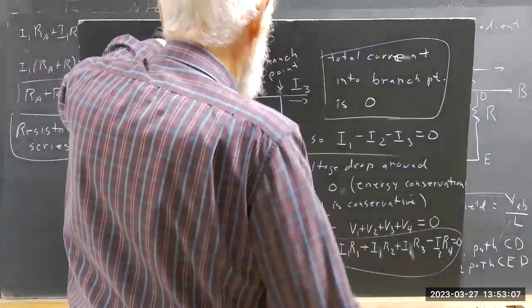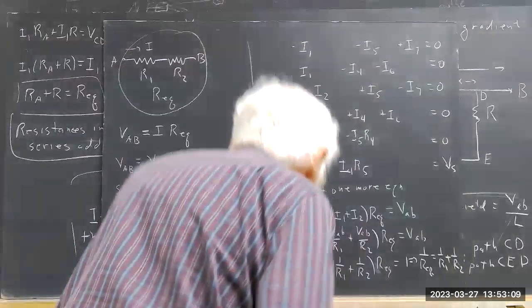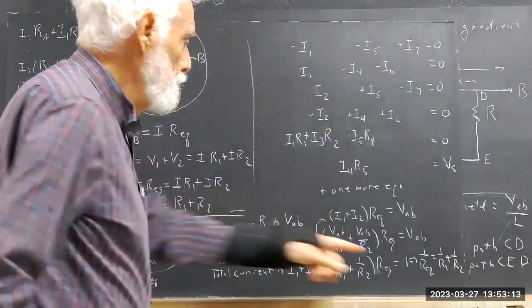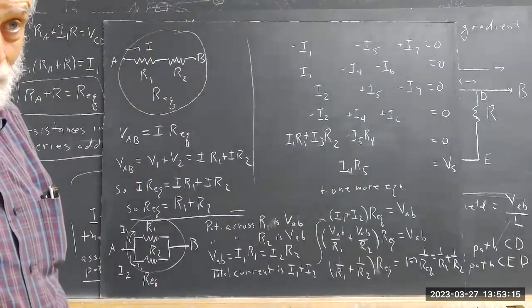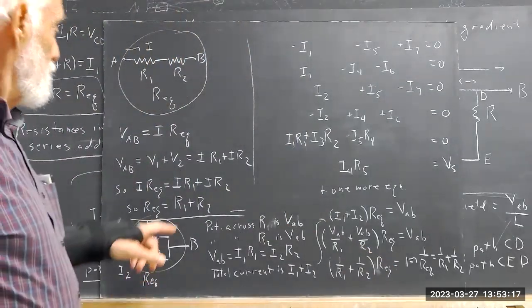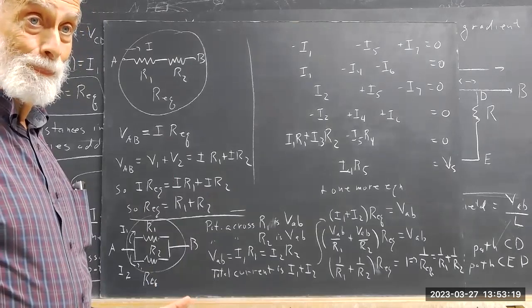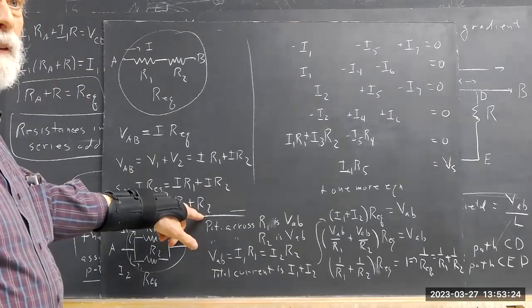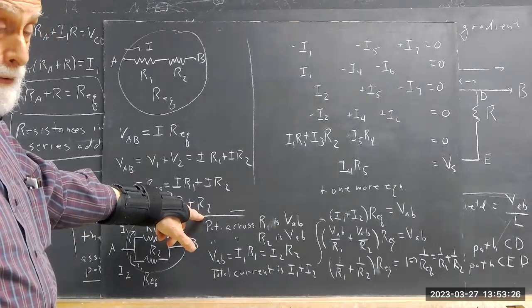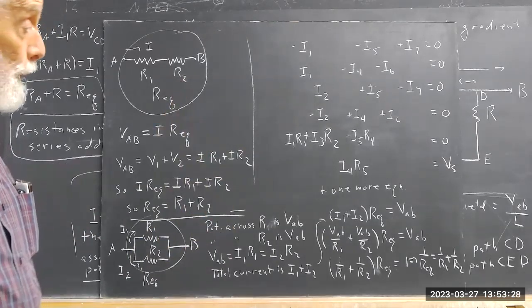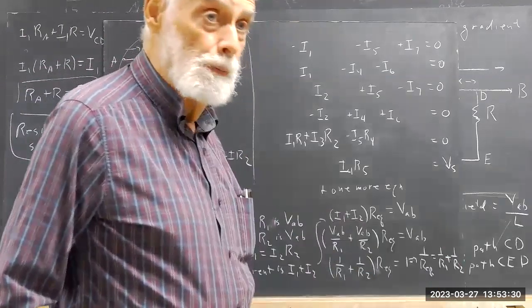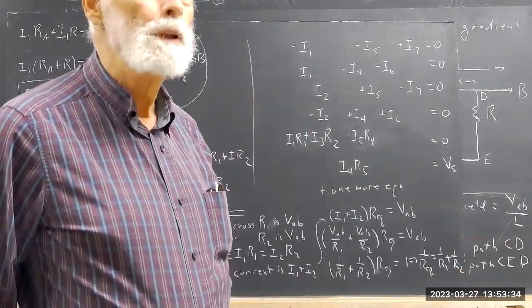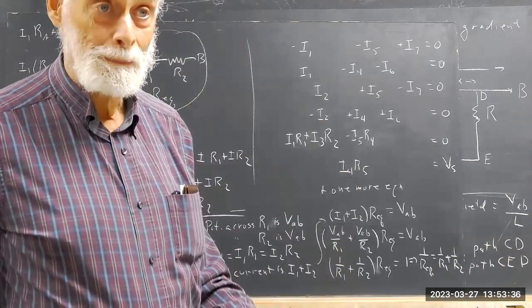Now, you also could be recognizing the similarity between these two rules and the rules for capacitors. If these were C1 and C2, this would be the equivalent capacitance of a parallel combination, and this would be the equivalent capacitance of a series combination, and we talked 2 weeks ago about what that is.